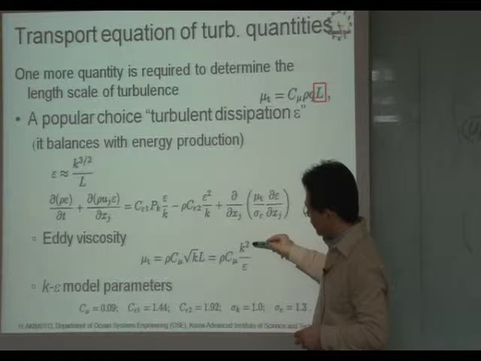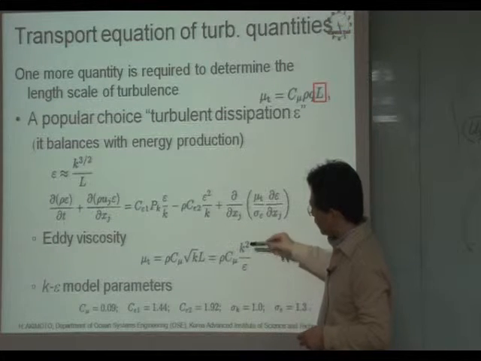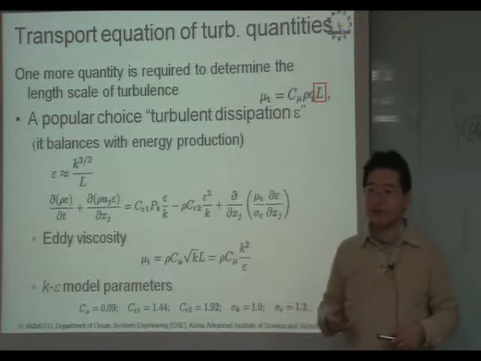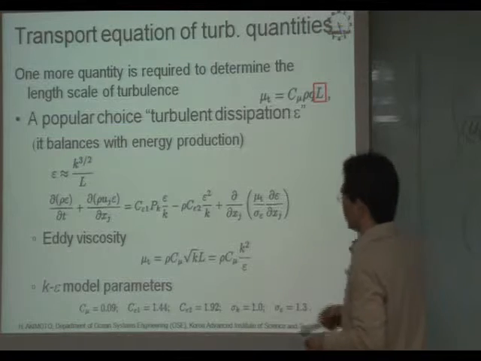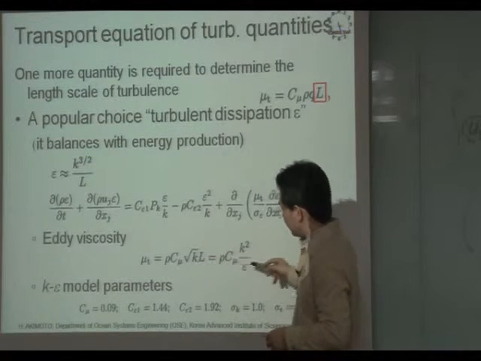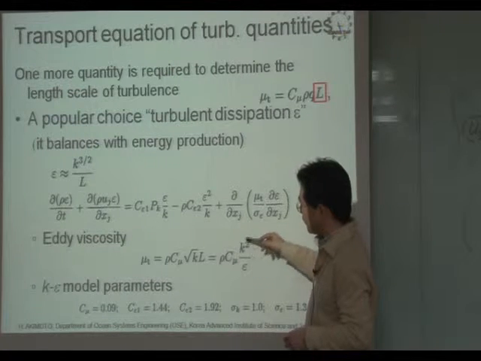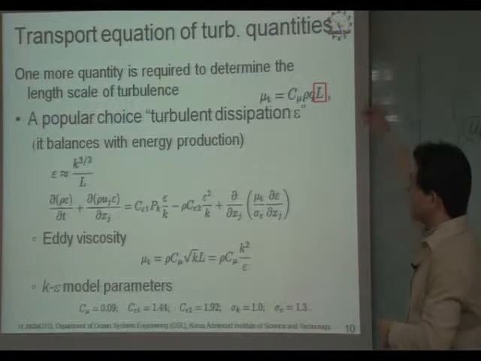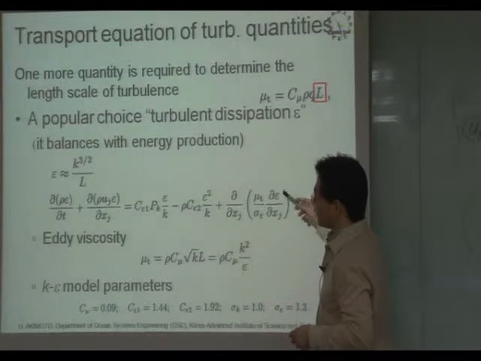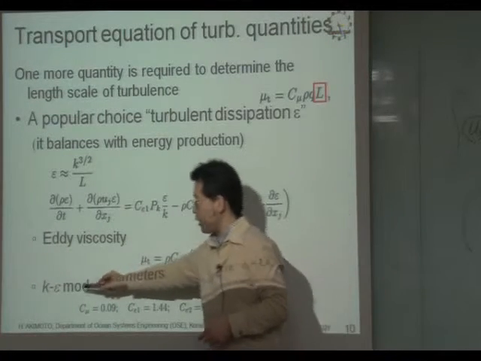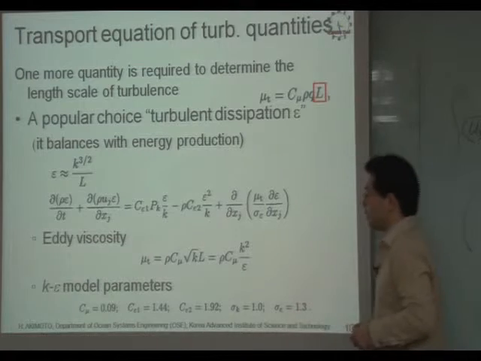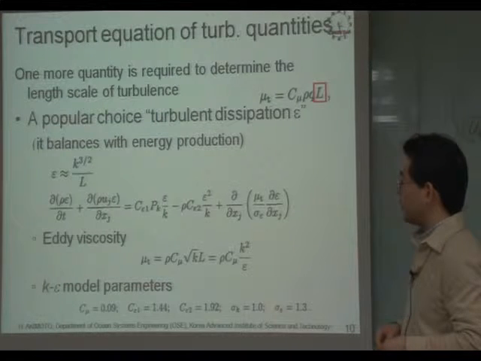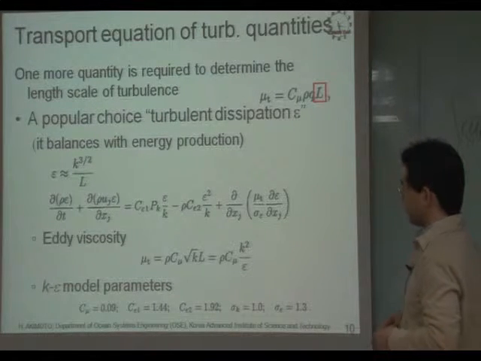In this case, we have the exact value of k and epsilon, so C mu can be a constant value. The change of this part is already considered in the transport equations of k and epsilon. The name of the present model is the k-epsilon model. I think it is the most popular model in Reynolds averaged equation solutions.